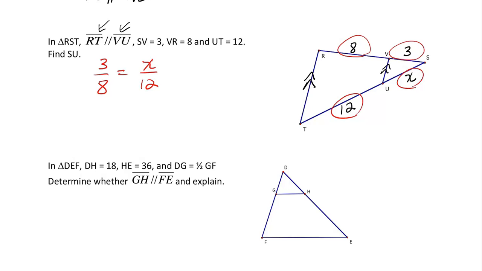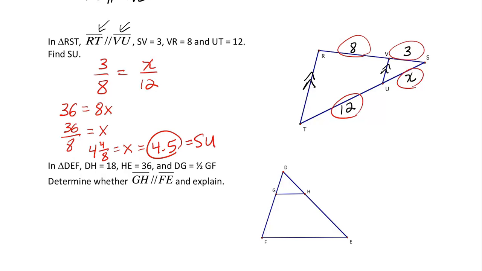We cross multiply. 3 times 12 is 36. 8 times x is 8x. And we divide both sides by 8. 8 goes into 36 4 times, 4 4/8, I believe. So that would be 4.5. That would be the length SU.